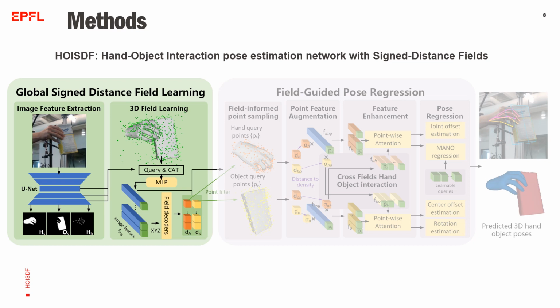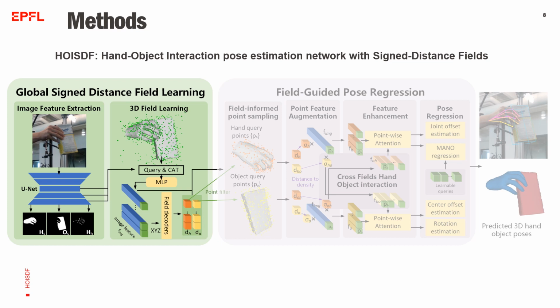Specifically, the global signed distance field learning module regresses the hand and object signed distance fields based on the image features. The module is encouraged to focus on capturing global information, for example, rough hand and object shape, global rotation and translation, by regressing signed distances in the original camera space.